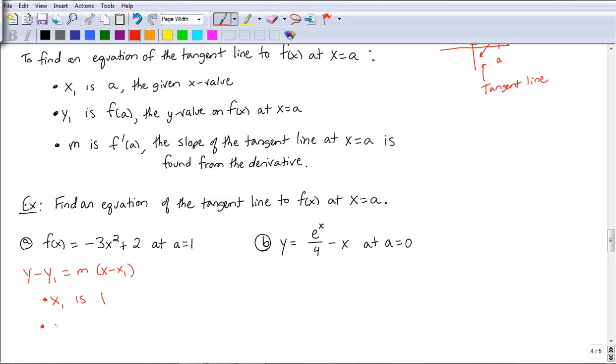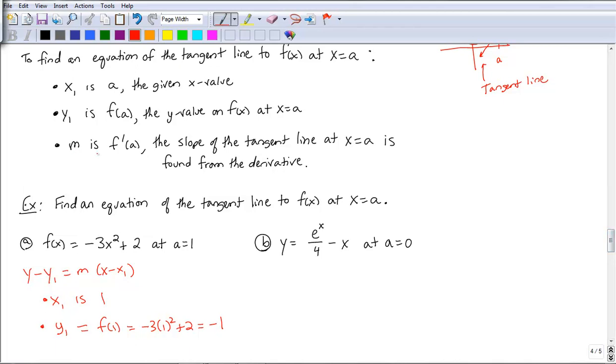And if I want to find y1 in the formula above here, I have to take 1 and plug it into the function, because the function gives me the y value. And when I do that, I get negative 1. Negative 3 plus 2 is negative 1. So the y value is negative 1, the x1 value is 1.